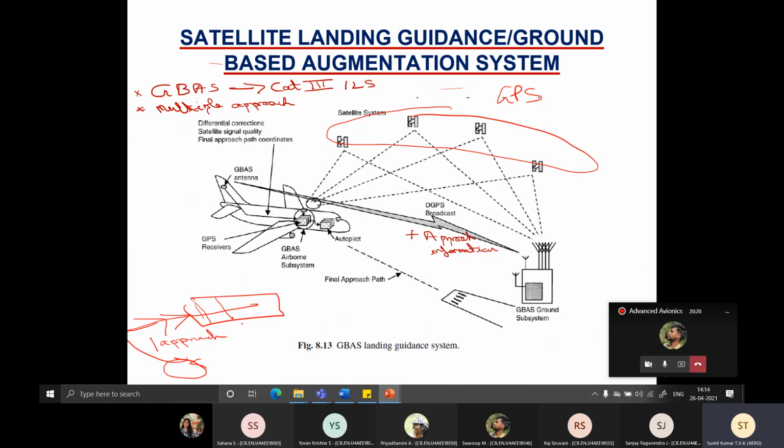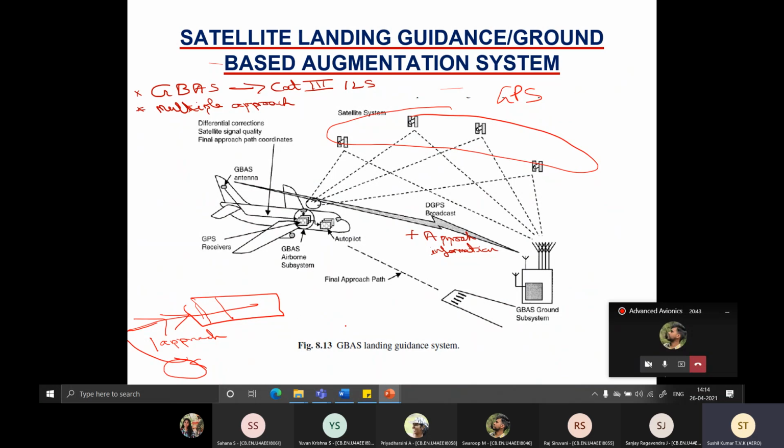So they said, why not have multiple approaches? But multiple approaches means multiple instrument landing systems. Even maintaining one ILS itself is a very expensive affair. So they said, we'll use something which is almost free, like GPS, to do the same job.